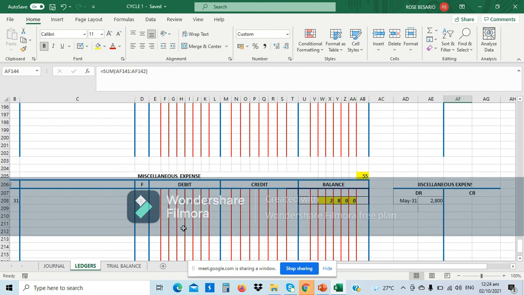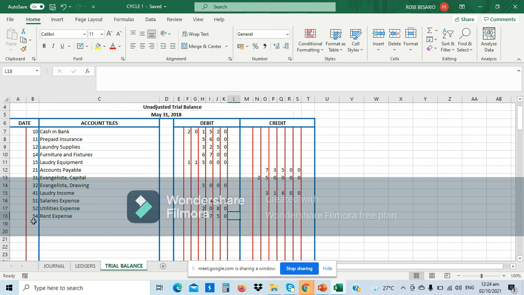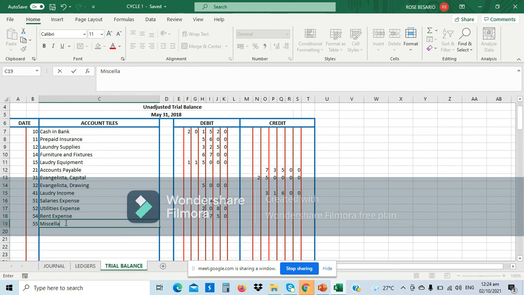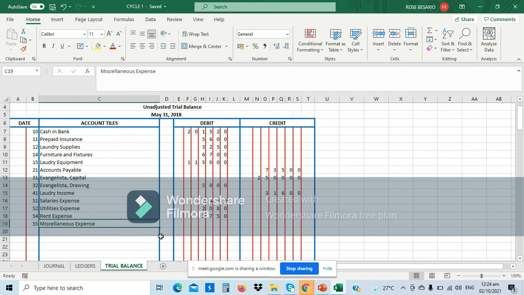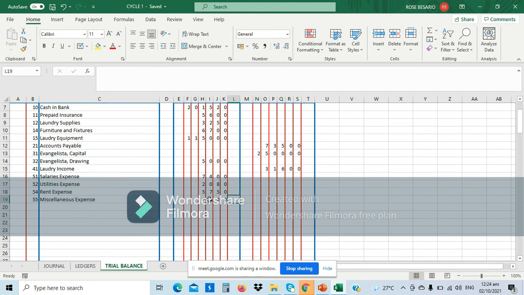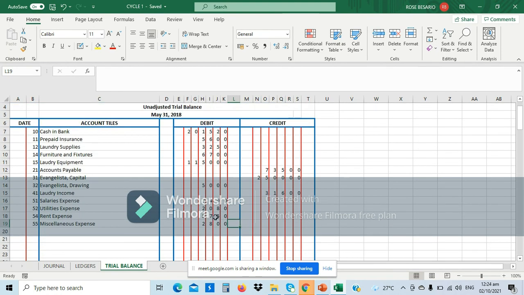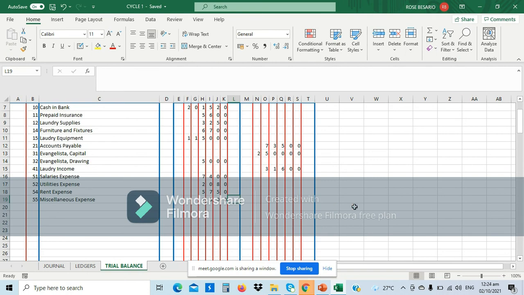Okay, then we have miscellaneous expense. This is 55. That is 2,800. Okay, so we're up to our last account title. After that, we get the total. We hope we'll get an equal amount, a balancing figure.